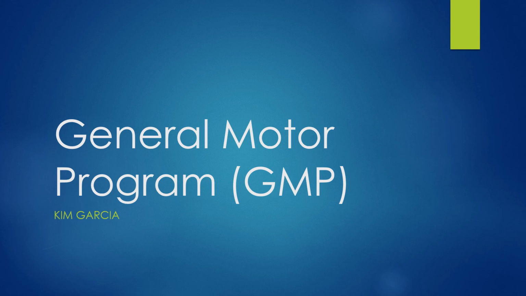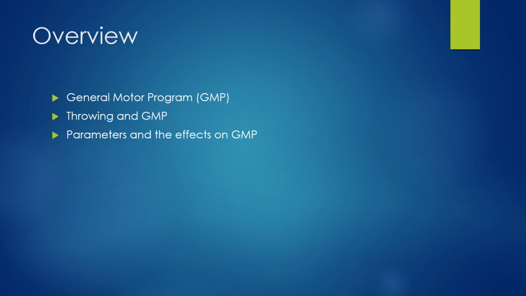And here we go. So the overview. As I mentioned, I will be going over the general motor program. I'll be defining GMP, so there's a basic understanding of what GMP is going into this presentation. And then I will be talking about the throwing phase, the phases that go into throwing and how that relates.